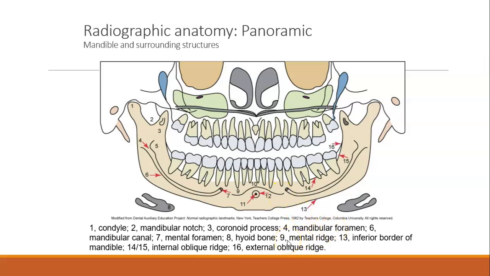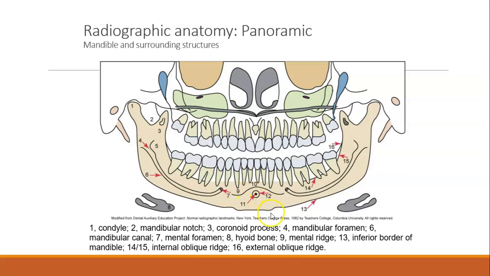Now we're missing, what's 10? Let me see if I can find it in the book here. So 10, it says, is the mental fossa. You'll also see in this area sort of the submandibular fossa here and here. I don't think that's put in here either, but you'll see the mental fossa here. 11 is actually the lingual foramen, and the circle around it is pointing to the genial tubercles.